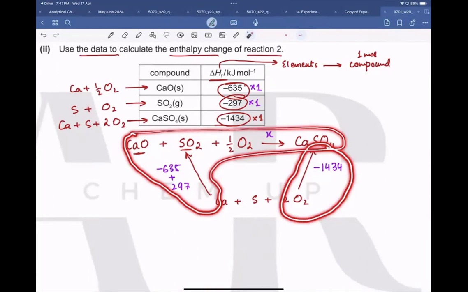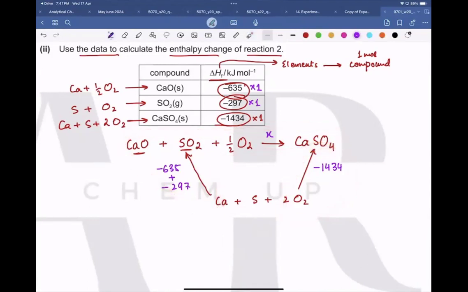When you have identified a one-step reaction and the other two-step reaction, you have to equate them. So if I make the expression, the two-step reaction has minus 635 plus minus 297 plus x, because in this two-step we have these two values and x.